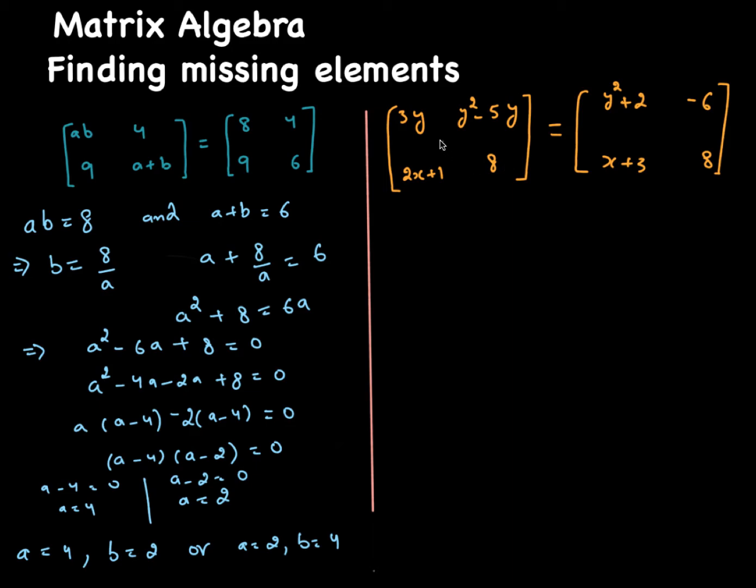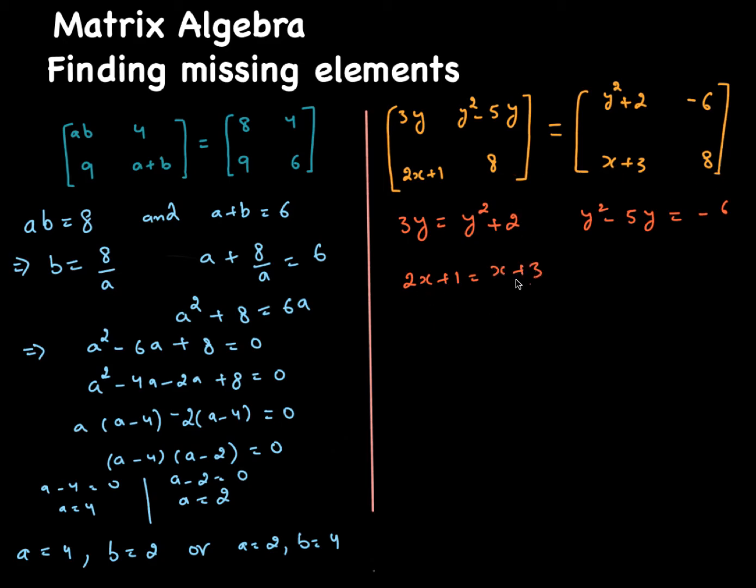So in this case, we get 3y is equal to y square plus 2. Then we got y square minus 5y is equal to minus 6, and the third one we got is 2x plus 1 is equal to x plus 3, and this 8 is equal to 8.